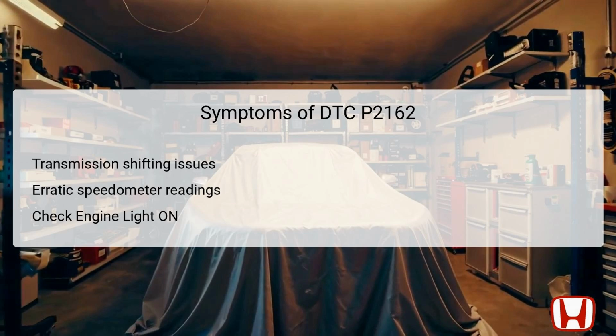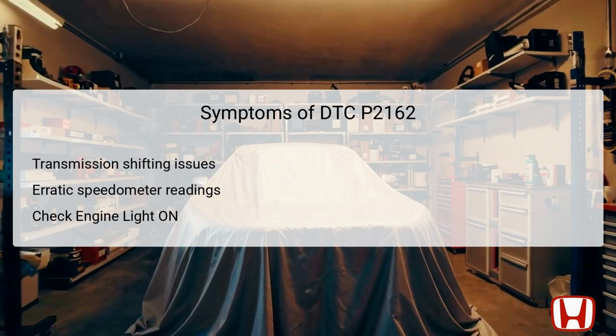Additionally, the check engine light will typically be illuminated in situations where this DTC has been triggered. Recognizing these warning signs early can help in diagnosing underlying issues before they escalate into more severe problems, affecting performance and safety.